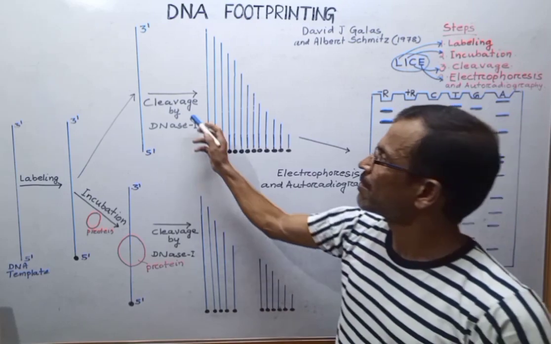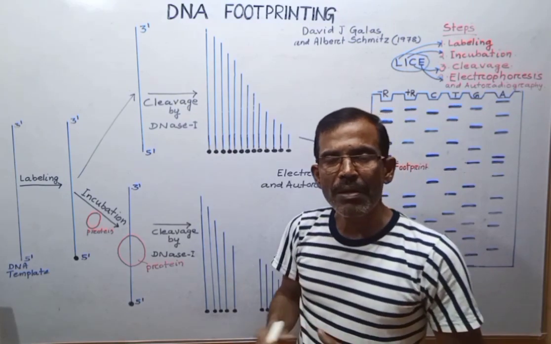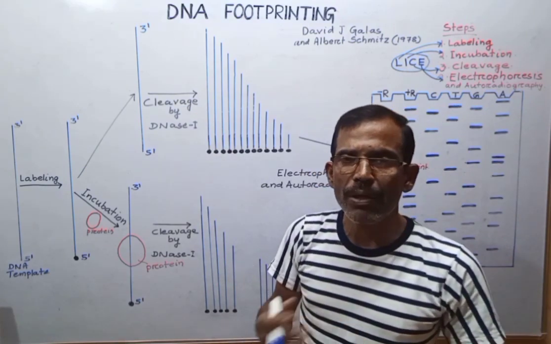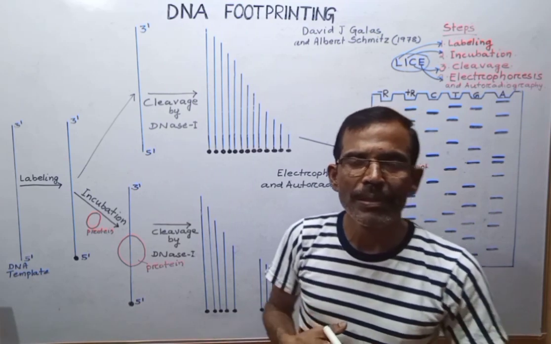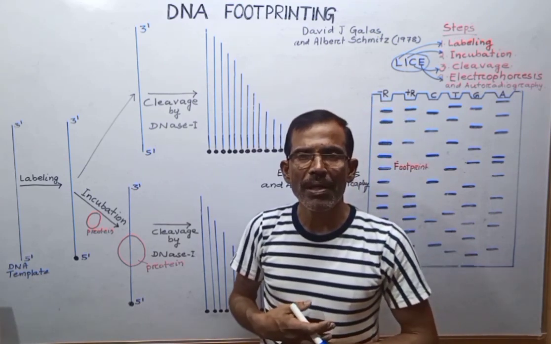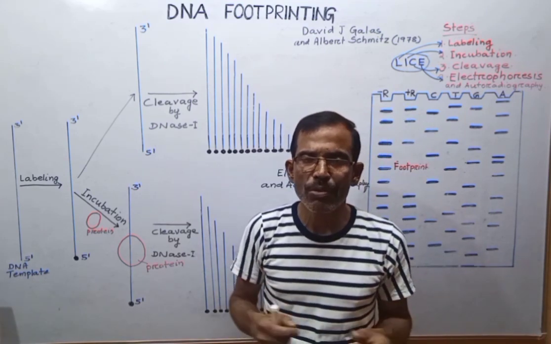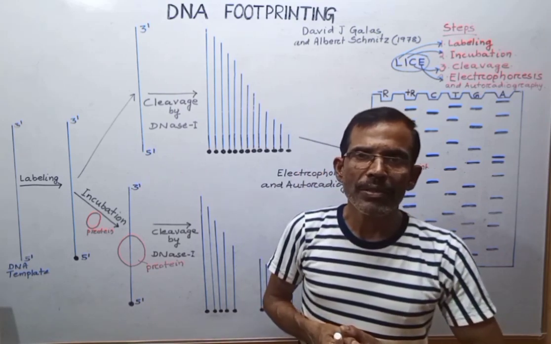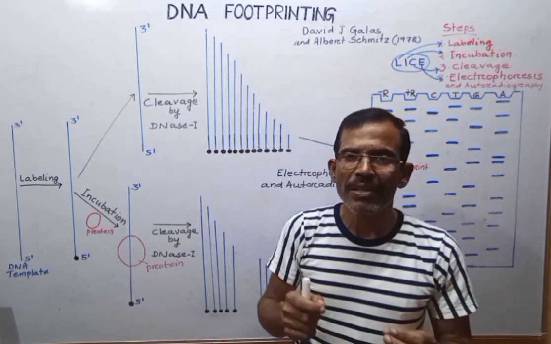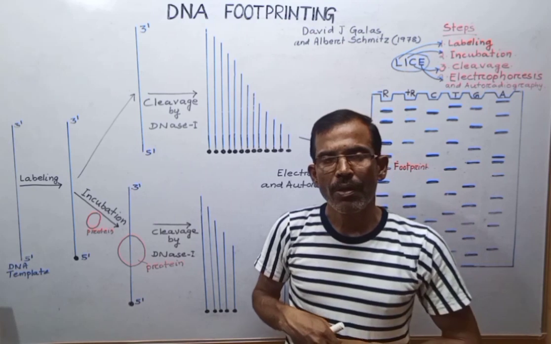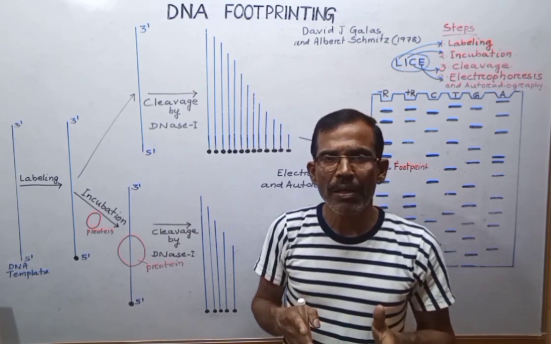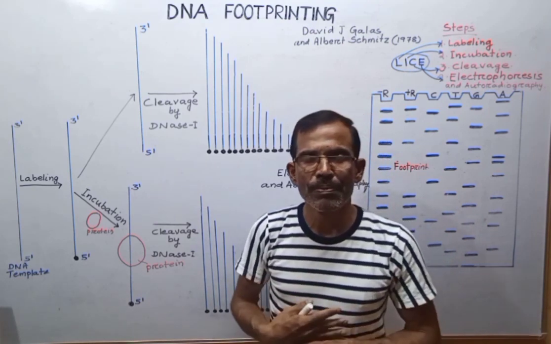Next step is cleavage. Cleavage can be performed by using several agents. A suitable cleavage agent should be sequence neutral and it should be easy to use and to control. Normally, DNase 1 is used for cleavage.